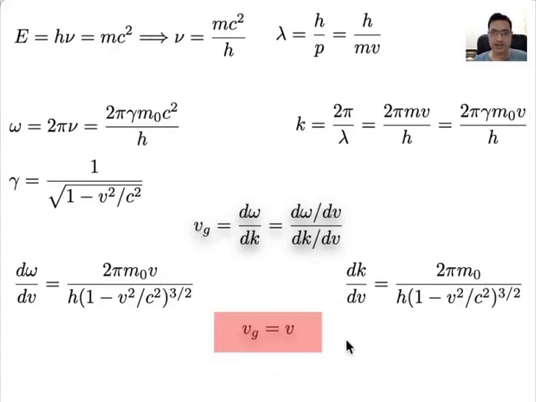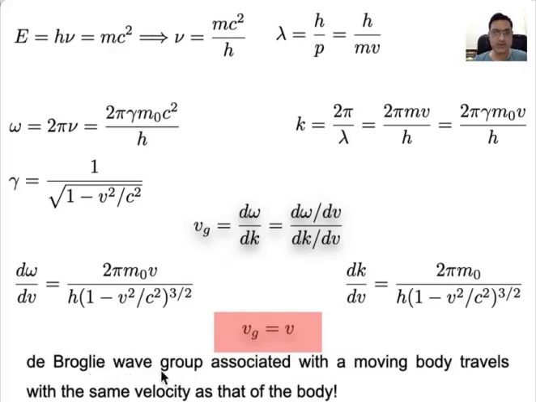What does it signify? It signifies that the de Broglie wave group associated with a moving body travels with the same velocity as that of the body. This is an important concept that we have learned: the de Broglie wave group associated with a moving particle has a group velocity that is the same as the velocity of the body.